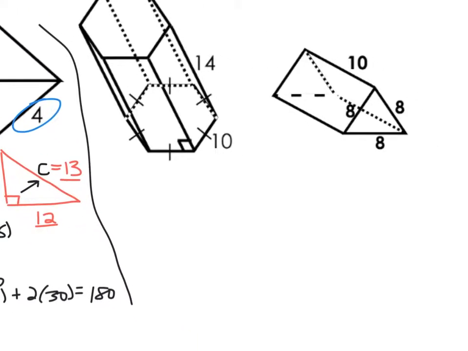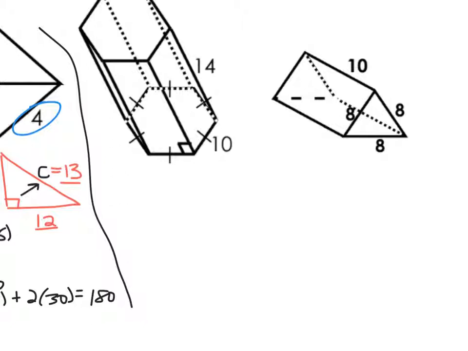All right. First step again, identify your base, which is a hexagon, and in particular a regular hexagon. You know that by all the little hash marks. So I need 3 things: perimeter, height, and area of my base.